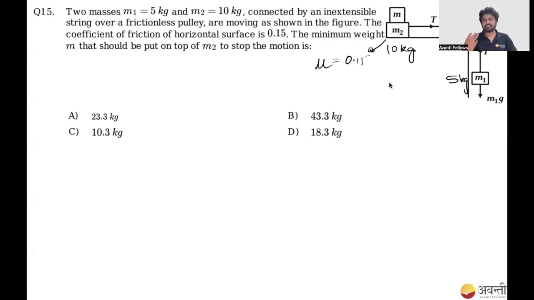Means some friction is there, the surface is not smooth, it is rough. The minimum weight of M that should be put on top of M2 to stop it. Of course, M1g will pull it and M2 will go with that flow. But how much weight can we put on M2 so that it will stop because of friction?